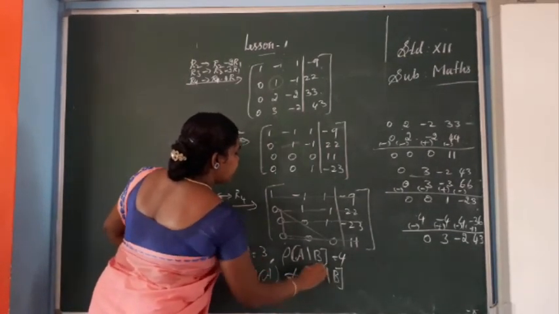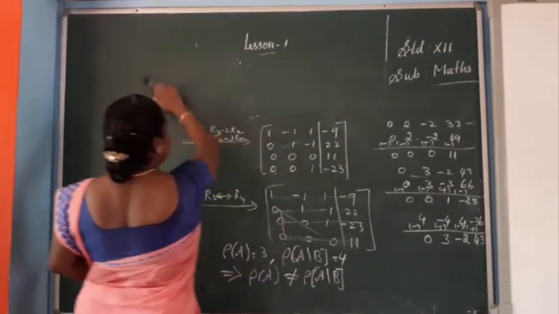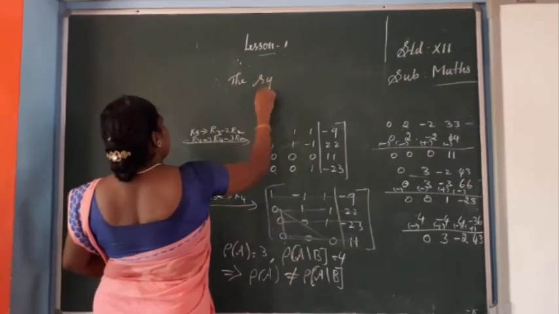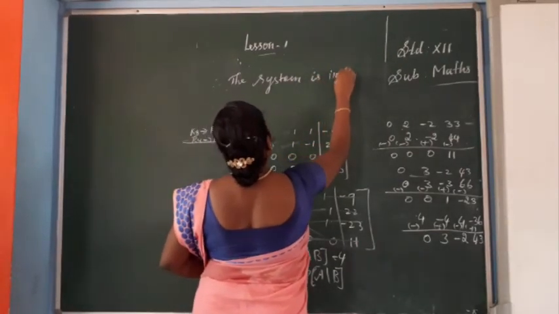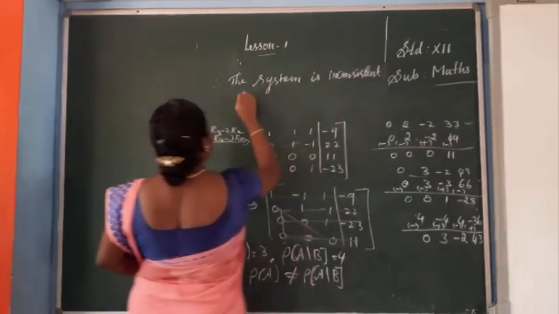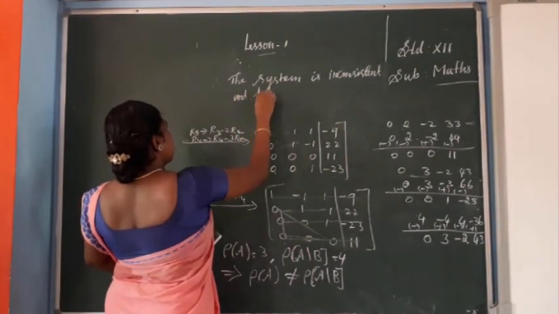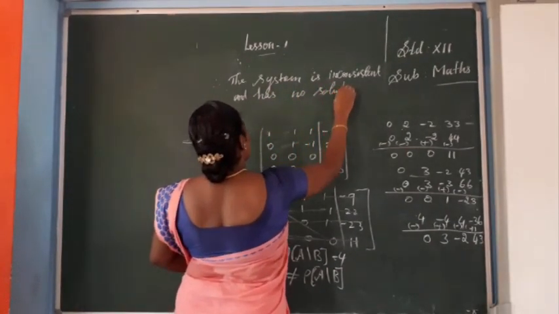Therefore, the system is inconsistent and has no solution. Okay. This is the fourth type.